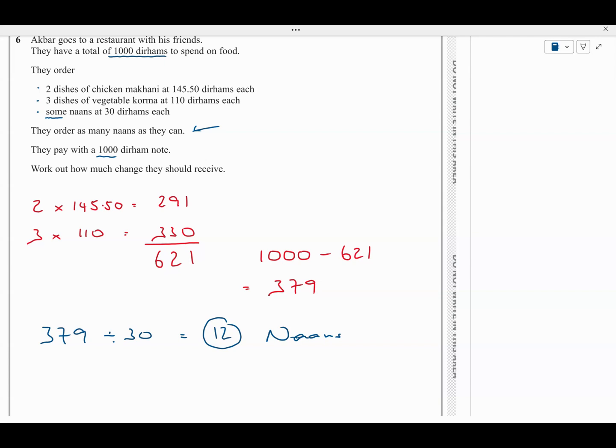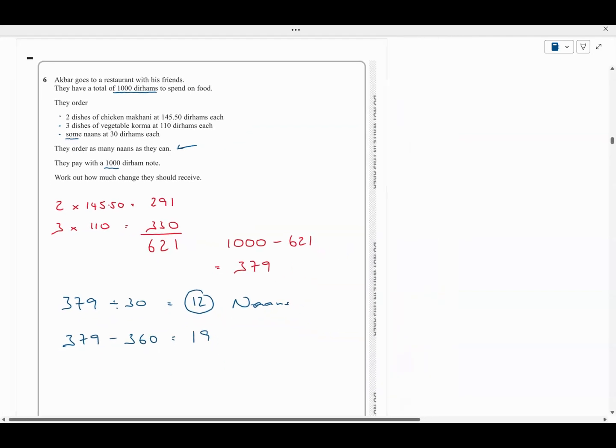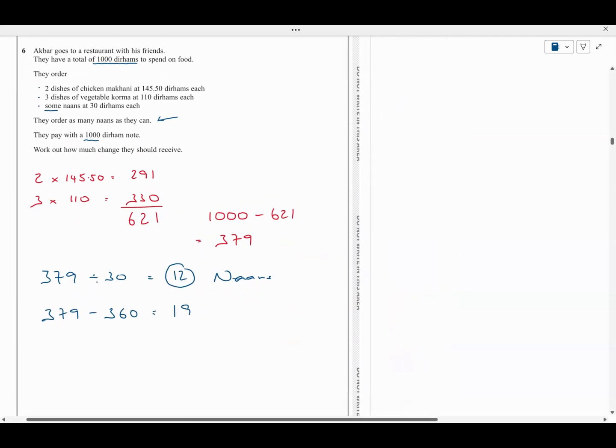Well, the 12 naans, how much will that have cost them? 12 times 30, 360. So the change is 379 minus 360, which is 19 dirham change. So how much change should they receive? 19 dirham.